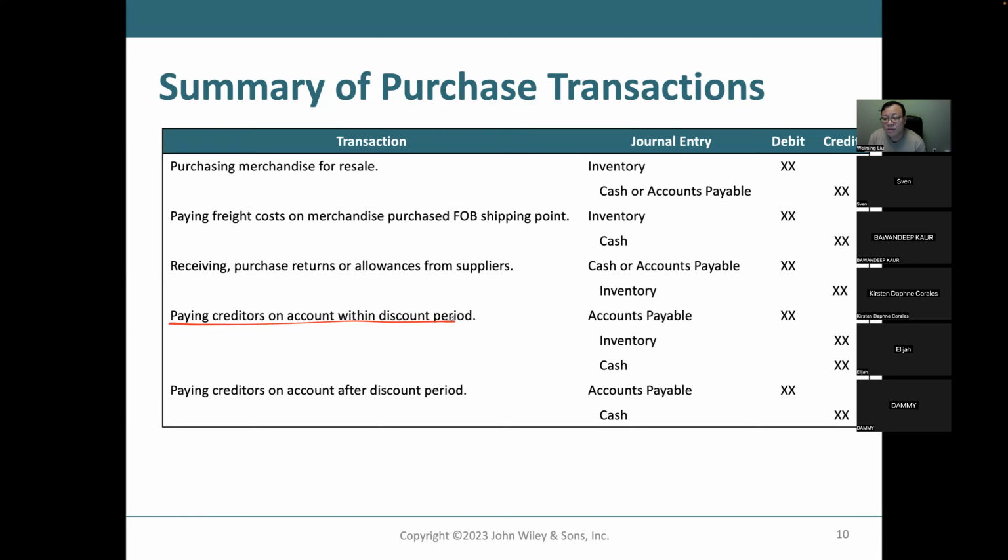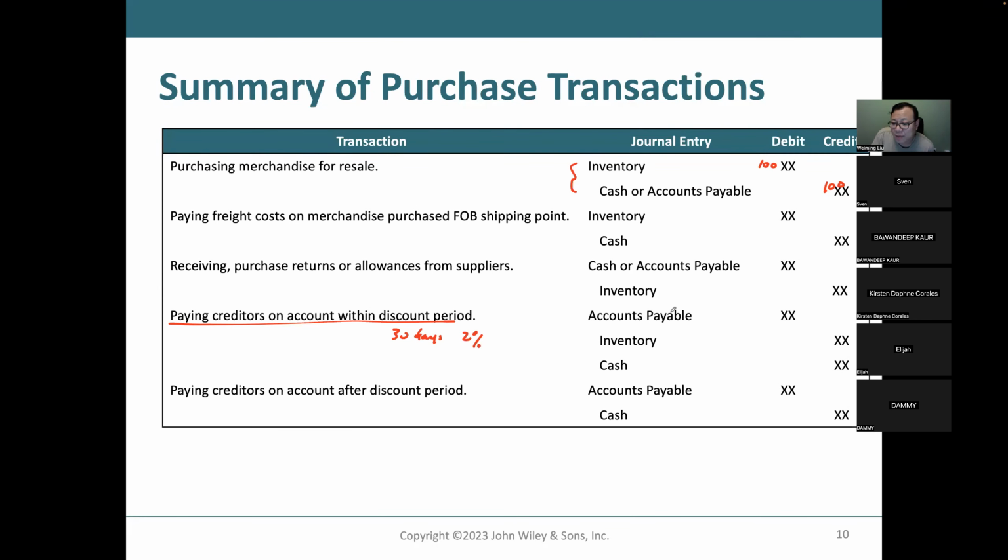Suppose when you first buy the inventory, you record $100, you owe $100. That's why you make the purchase. But now you are paying it, still within the discount period. Let's say the discount period is 30 days. Within 30 days, you have 2% off. Now you are making the payment on the 20th day, so you are still within the 30-day period and eligible for that 2% discount.